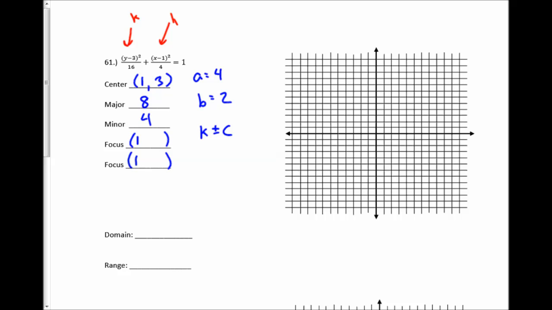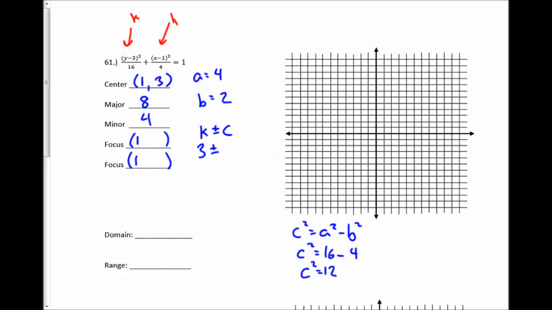K is the 3. The c value I'm going to have to take off to the side and find. Remember that c squared equals a squared minus b squared for our ellipse. All right. And so what we have here is I've got a squared, which is 16, minus the 4. So I've got c squared equals 12.